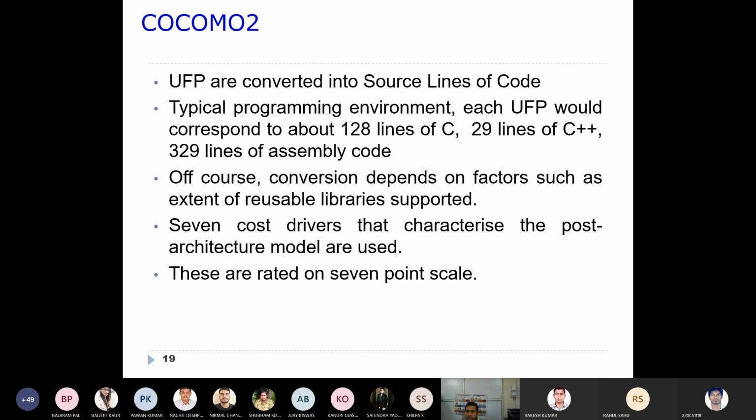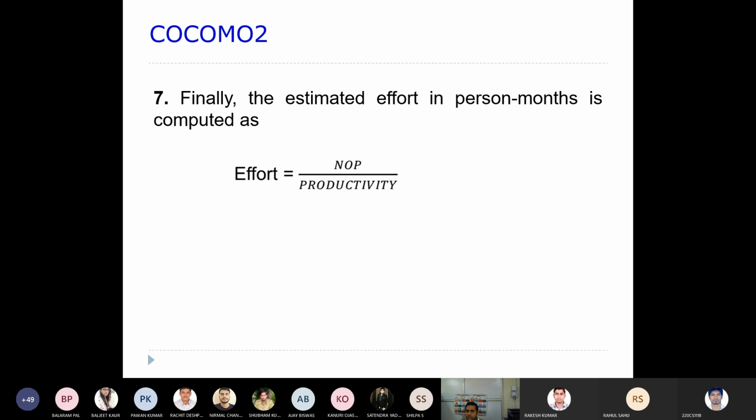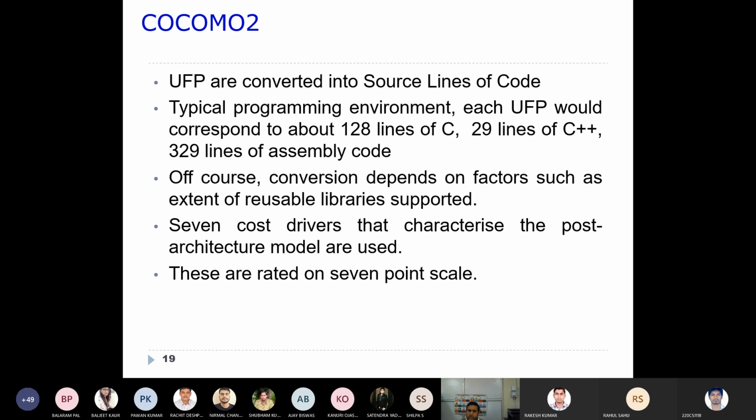Right, now you can understand. So let's say you have UFP, unadjusted function points, and those function points can be converted into source lines of code.